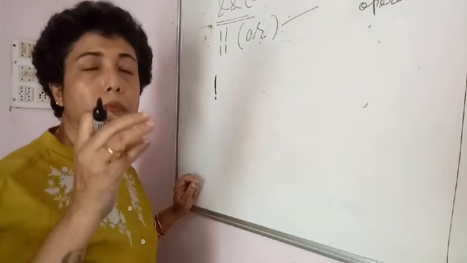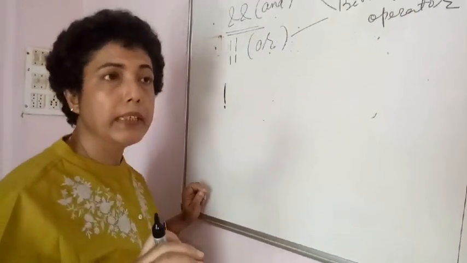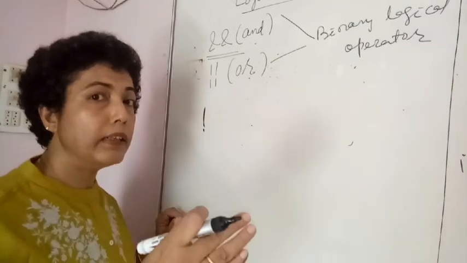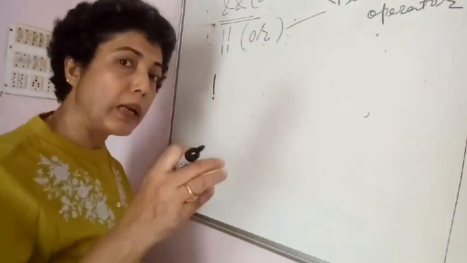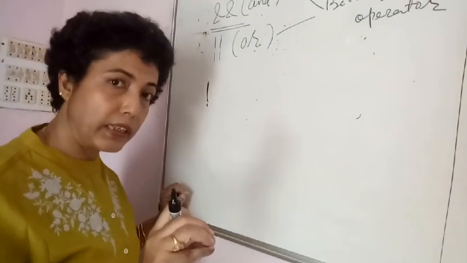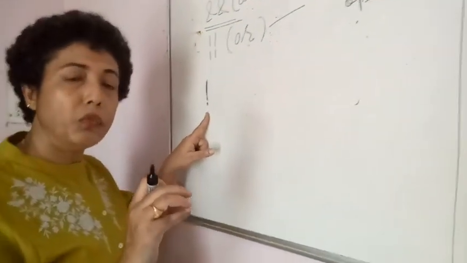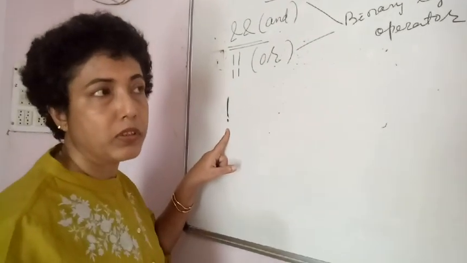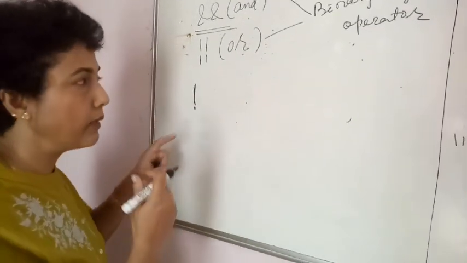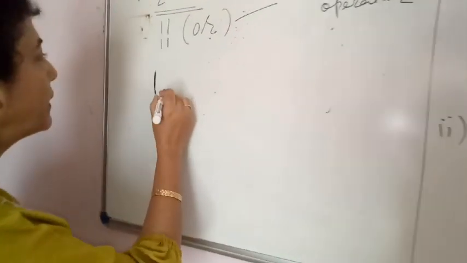But what it does is, first the taken expression will be evaluated. Whatever answer is coming from the relational or logical expression, the NOT will just reverse that answer. Let us see an example, then you will understand.